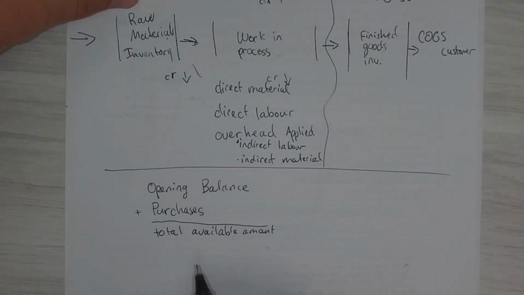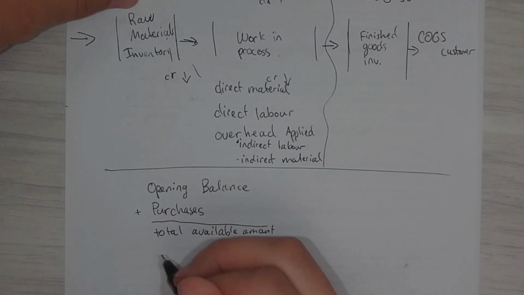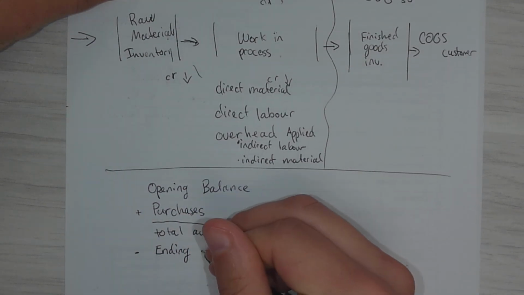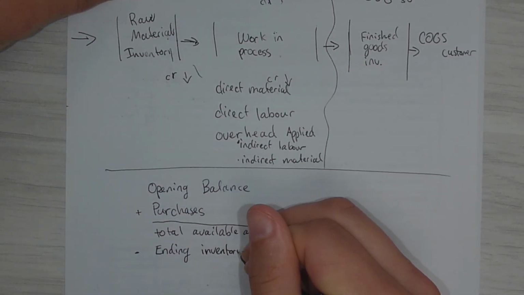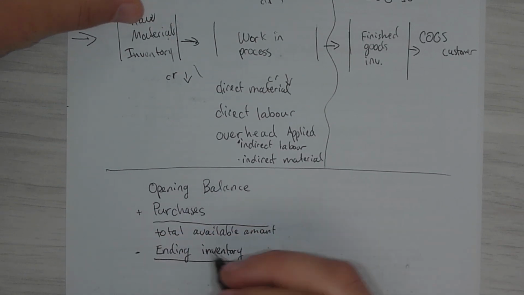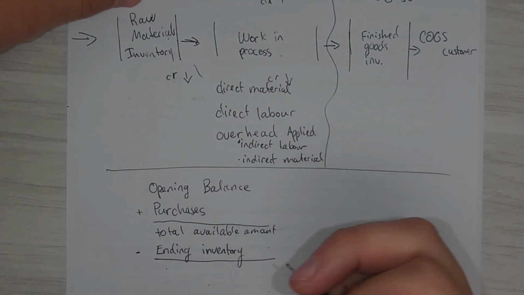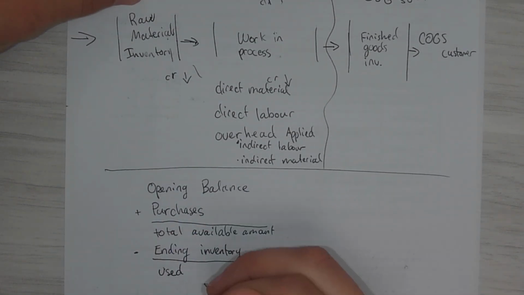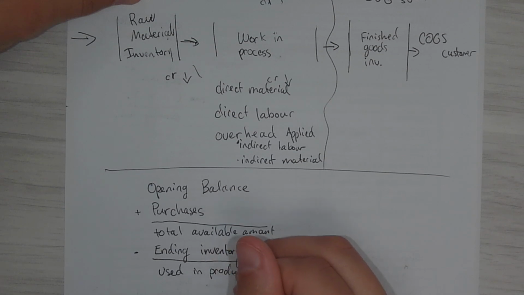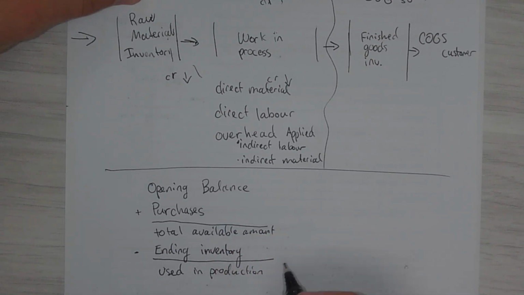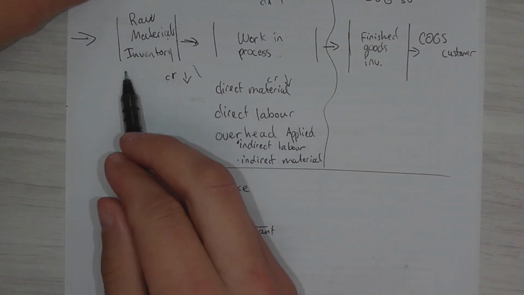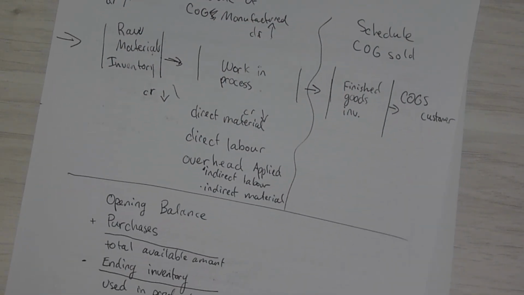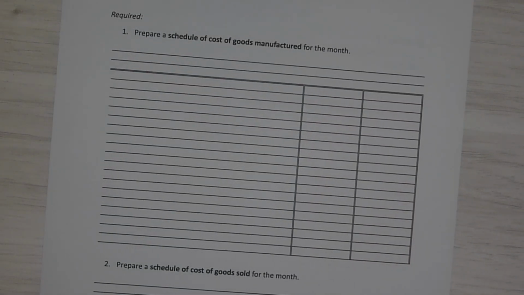Now not all of this will get moved along to work in process. Whatever we have as our ending inventory will remain. This will leave the balance in the balance sheet correct to the count of the ending inventory. And then we're going to end up with whatever's used or what has flowed through, so used in production in this case. Materials used. So again, this will be the same process we follow several times throughout here to get these schedules.